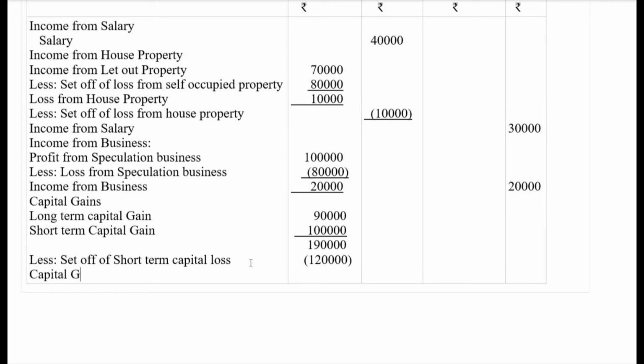Capital gain. Of course, it is long term it will be.